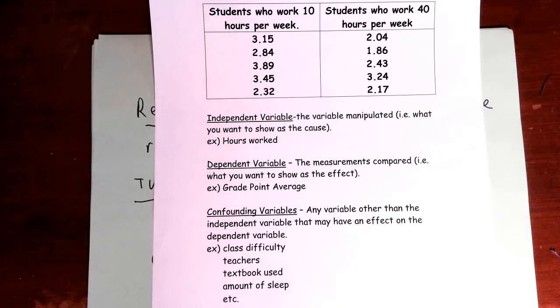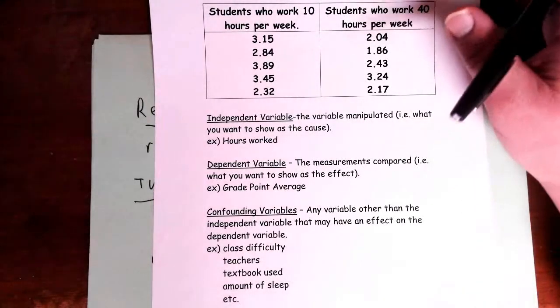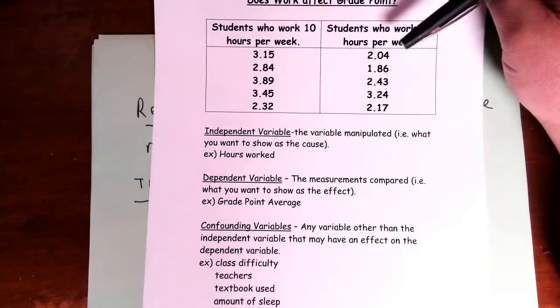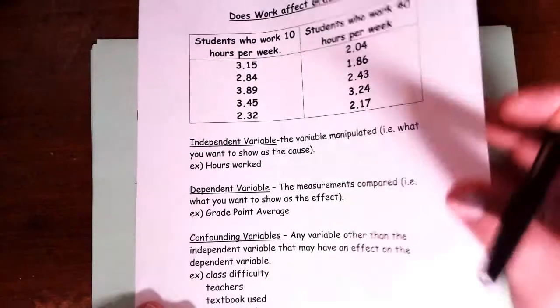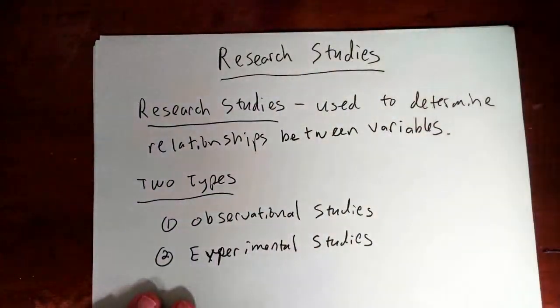If it's maybe self-esteem or something, and it's supposed to be some medicine that helps people's self-esteem, well, they might think, oh, I'm now interviewing the group that took the medicine. And so when they judge whether or not it had an effect on their self-esteem, that might affect how they judge the group's self-esteem. So, okay. So this is the idea of an experimental study.